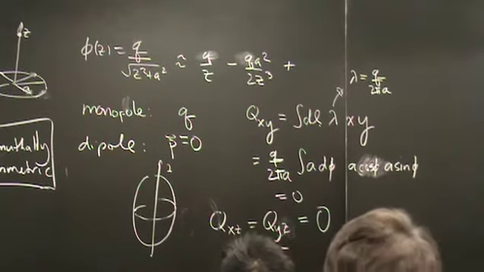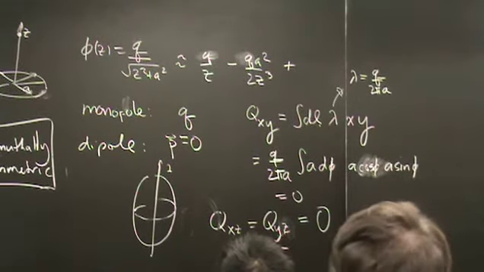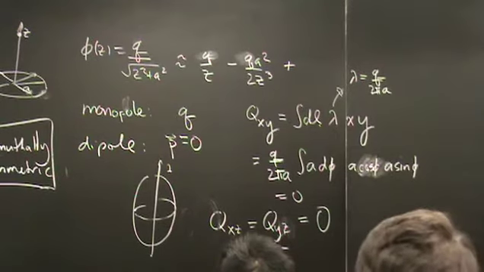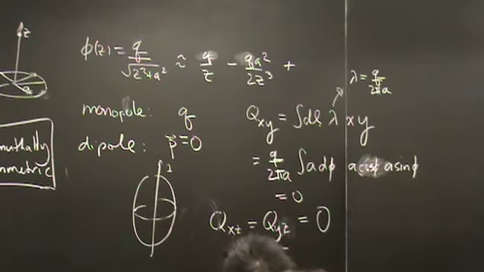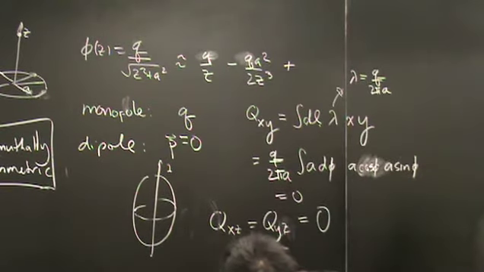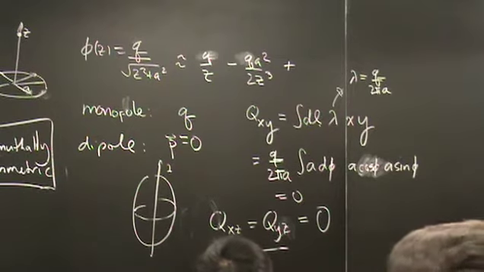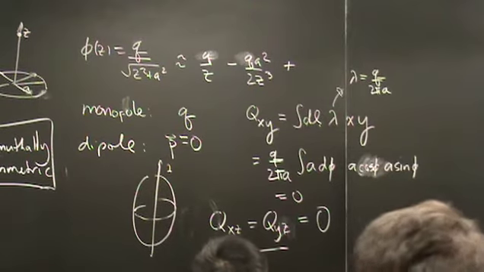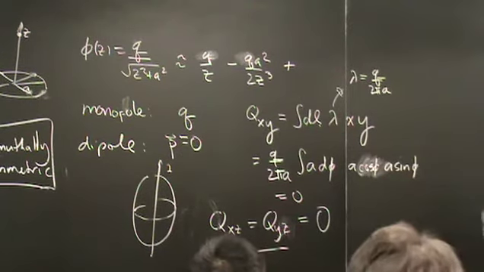Okay, so we now have that if we have azimuthal symmetry, all the off-diagonal elements of the quadrupole tensor are 0. So now we have to think about the diagonal components.